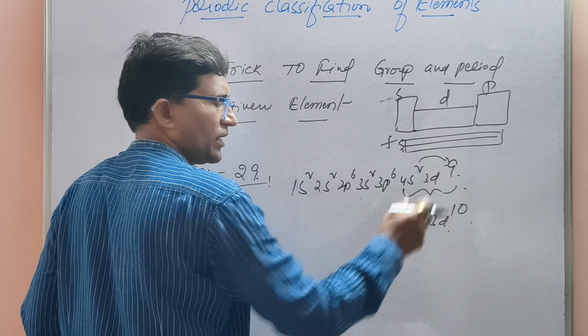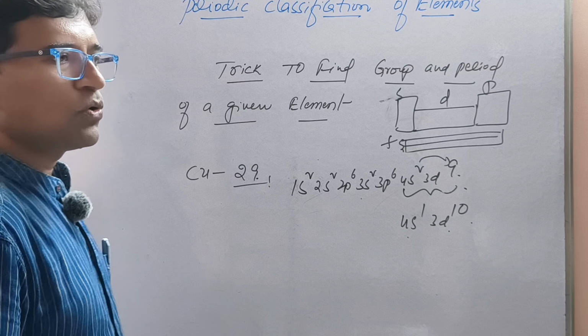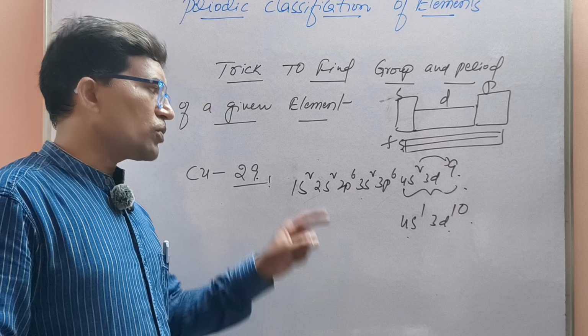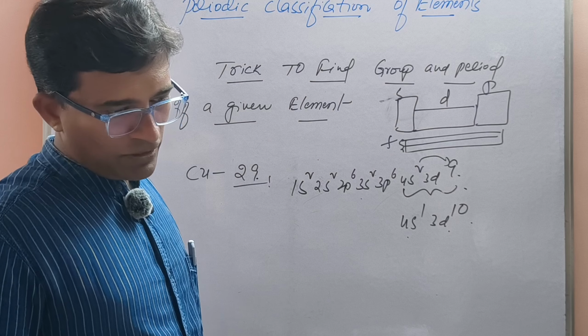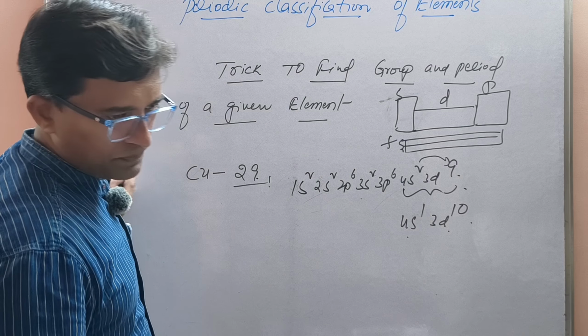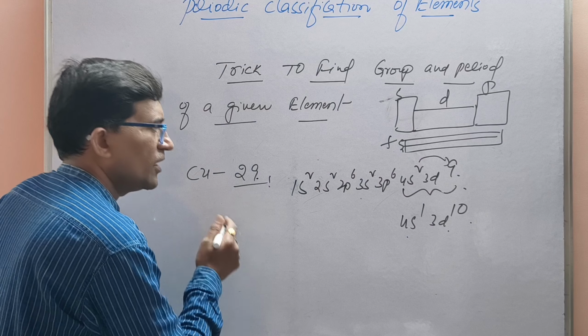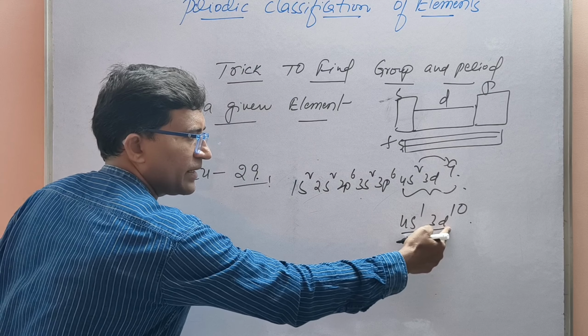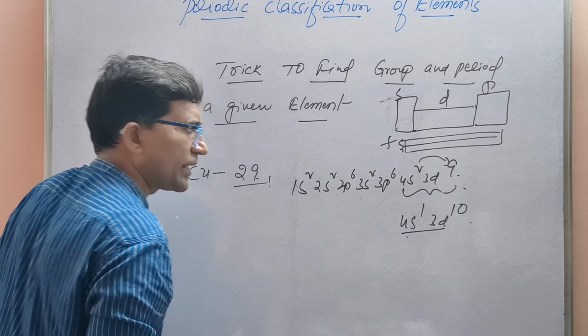By seeing these configurations, we can know to which group and which period this particular element belongs. We need to think about it. So the common thing in these two is 4s1 3d10 or 4s2 3d9, you can take anything.